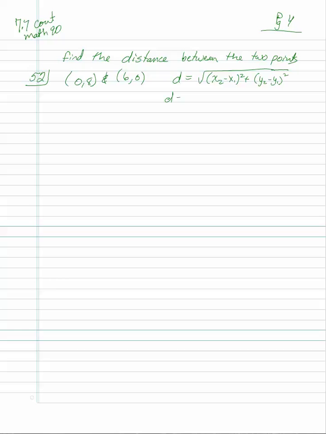Okay, so the distance is, so remember, this is x sub 1, y sub 1, x sub 2, y sub 2. So I'm going to subtract the x coordinates, 6 minus 0 squared, subtract the y's, 0 minus 8 squared.